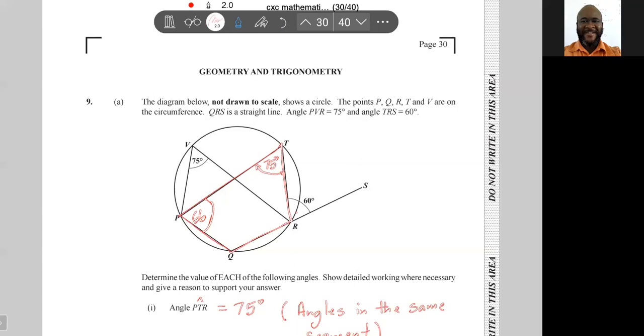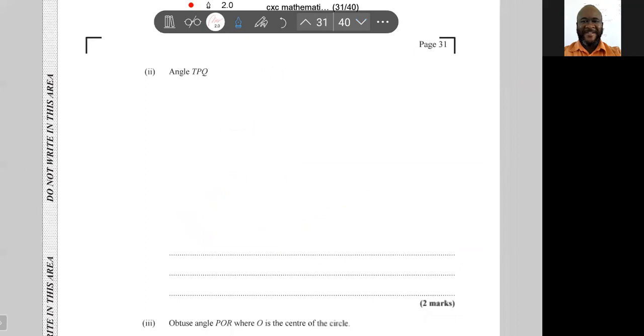The 60 degrees is the exterior angle of the cyclic quadrilateral, and the exterior angle of a cyclic quadrilateral is equal to the opposite interior angle. So this angle here is 60 degrees.